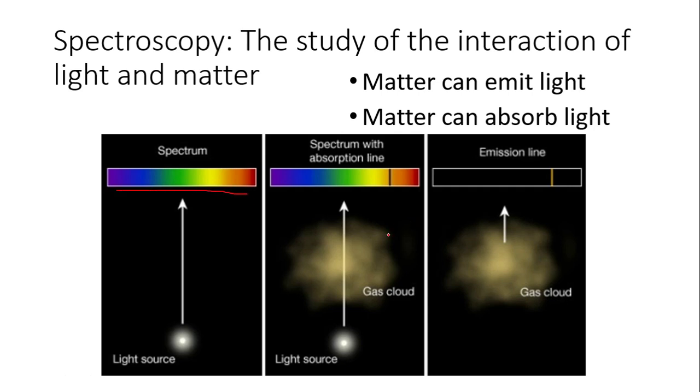If that black body or continuous spectrum has to fight its way through a colder cloud of gas, like a hydrogen or helium cloud, the hydrogen or helium will just find its favorite wavelengths of light, in this case this kind of orangey light, and it'll scatter it away. So what you'll see is an absence of that particular wavelength of light from the light that's made it from the original source through the cloud of gas. And then finally, if I just have the cloud of gas, this is the easiest thing to talk about. We'll talk about it yet again when we get to quantum mechanics.